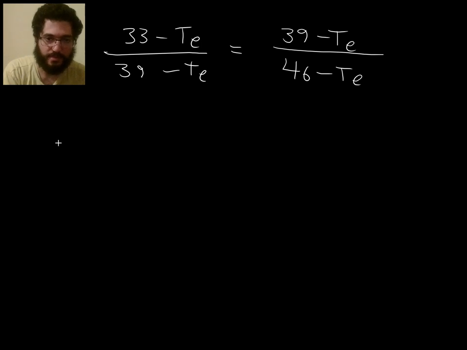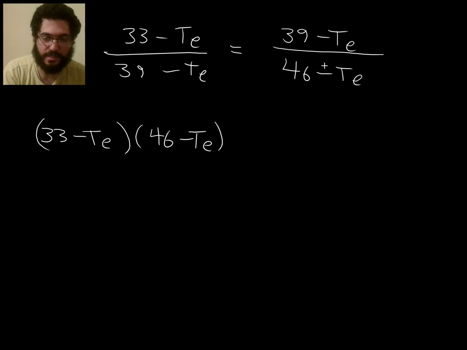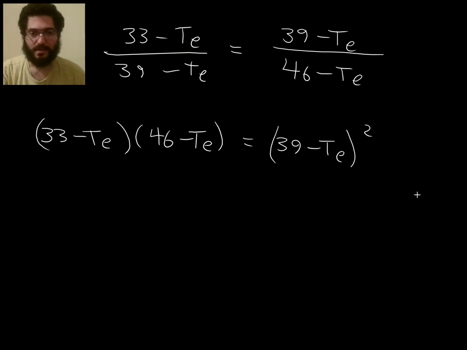So let's see. Multiplying both sides by 46 minus Te and by 39 minus Te, I get that. It looks like I'm going to get a quadratic polynomial in Te, and I just need to find the roots. Actually maybe not, because the right side gives me a Te squared as the leading term, and the left side does too, and those would cancel.